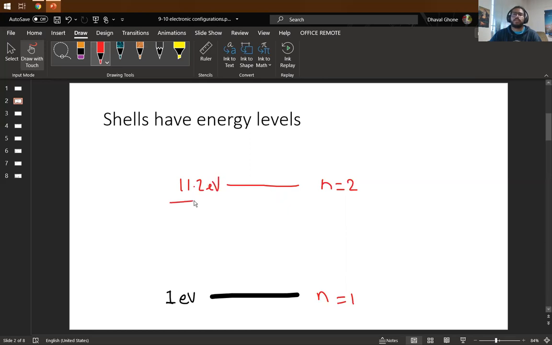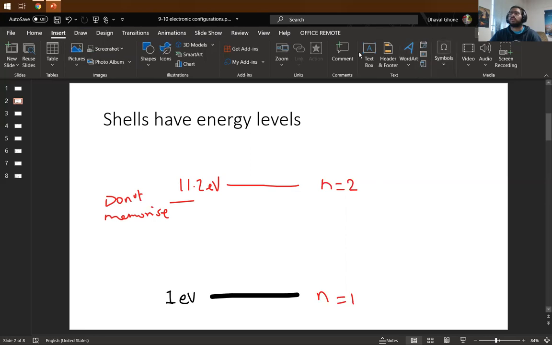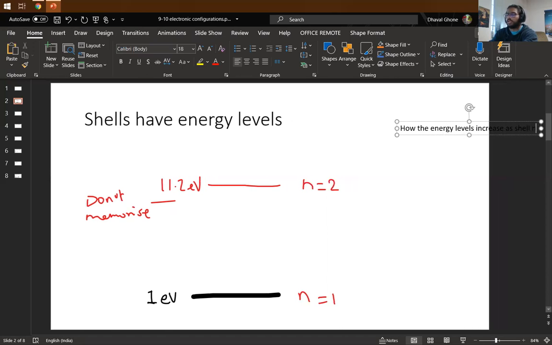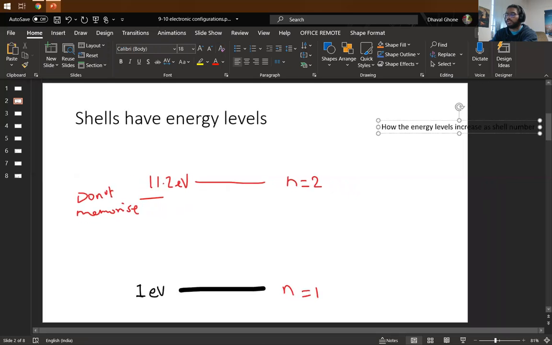I don't think you need to memorize these numbers. There's no need to memorize these numbers, as it's too much. But the big takeaway from this should be that you understand how the energy levels increase as shell number increases.